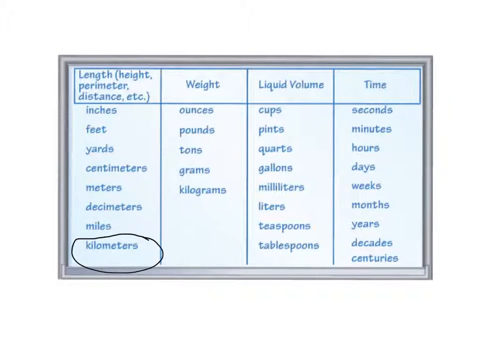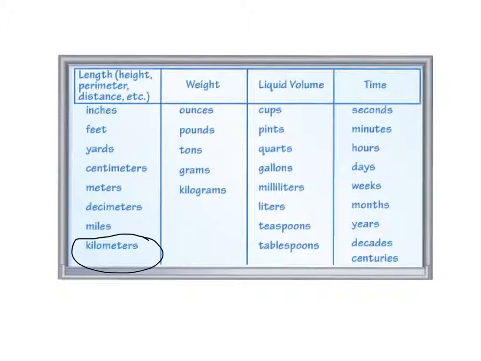Now, I always drink milk out of a cup that's actually 2 cups in liquid volume. So that's how much liquid I can put in. If you have a measuring cup, you'll see sometimes on there that it'll say 1 cup, 2 cups, 3 cups. And that's how you measure things, like if you're making brownies or something.